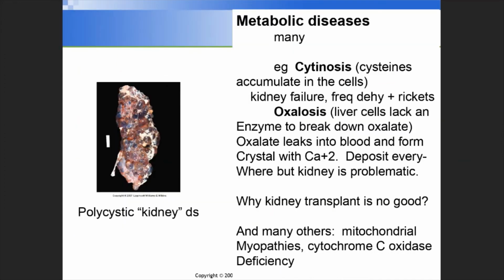Okay, so there are many other genetic and metabolic diseases. This one just shows you polycystic kidney disease, right? This is a good example of someone who has long-term consequences of potentially developing renal failure.